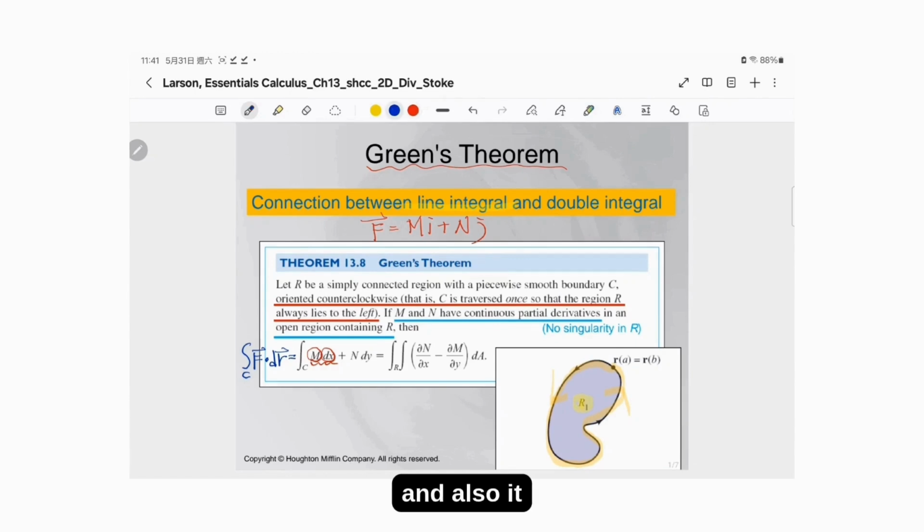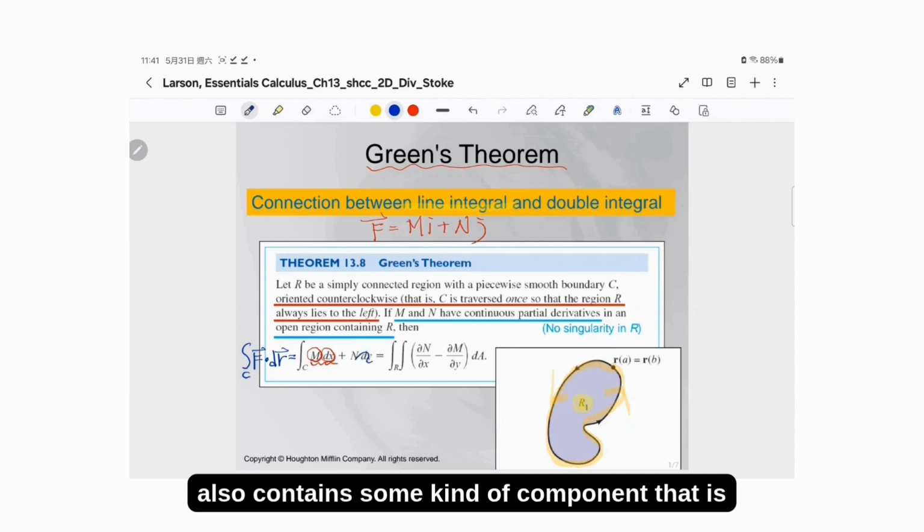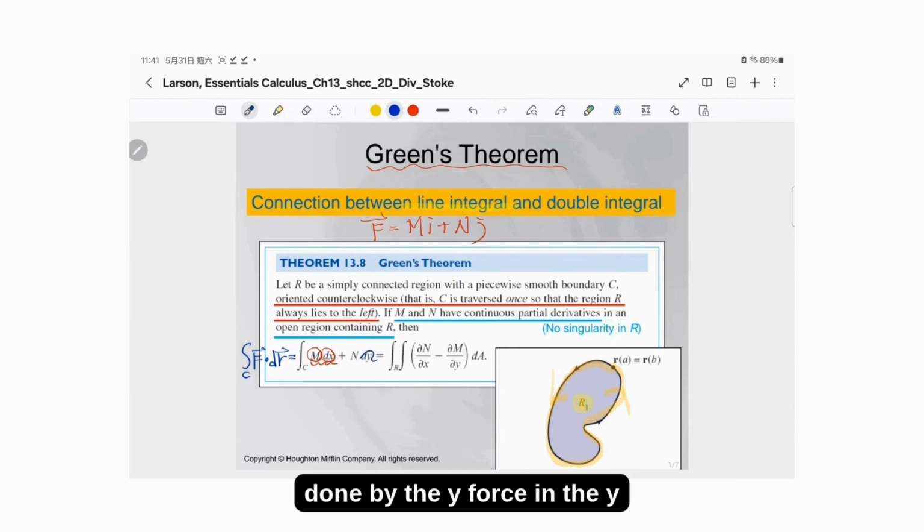And it also contains a component that is done by the N force in the y direction. So you notice that here the capital N is the y force times dy, that means the displacement in the y direction.